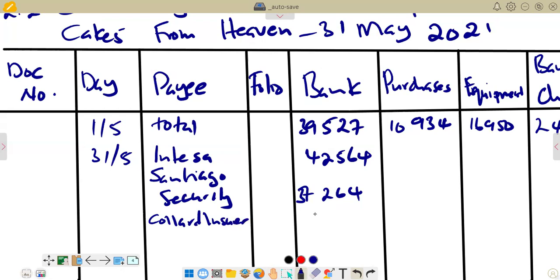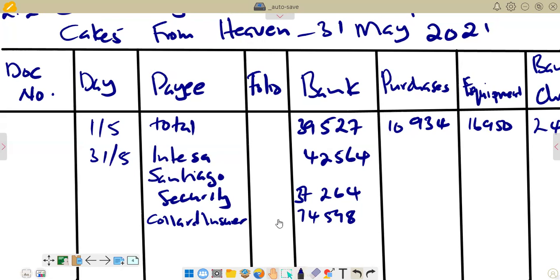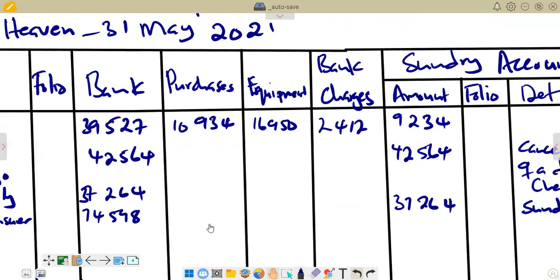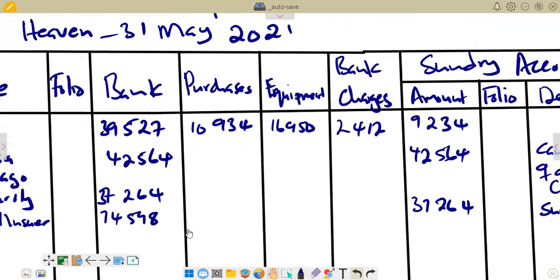And the amount is 74,598. And then we go to sundry. Put again 74,598 under the amount.